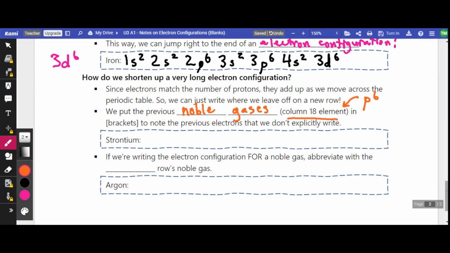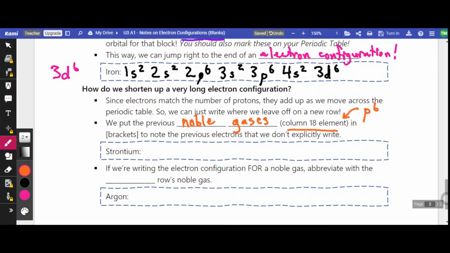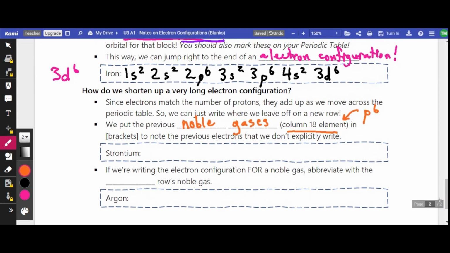So if I'm looking at my iron up here, and I don't have a periodic table handy, I could probably give a good guess that this 3p6 right here is the end of one of the rows. And it turns out it is. If I go and find what ends in 3p6, that's argon. So everything before 3p6, and including 3p6, is the electron configuration for argon.